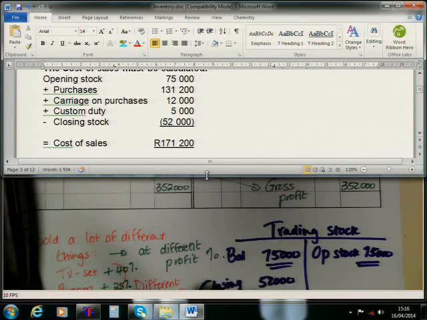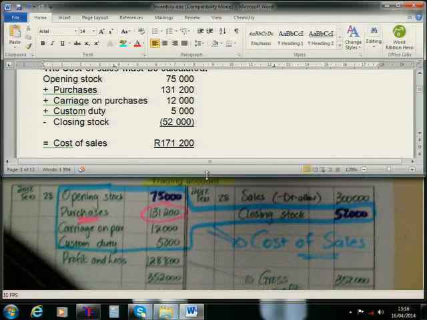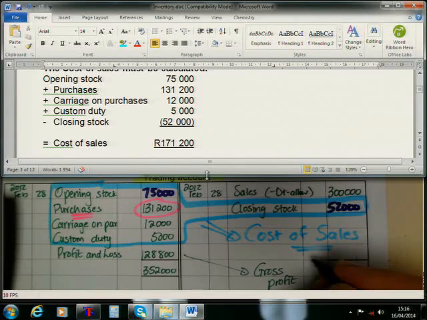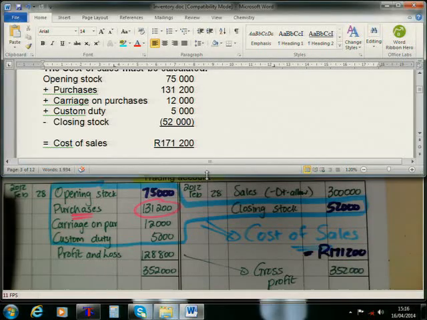It's the 75,000 plus the 131,200, plus the 12,000 of carriage, plus the 5,000 of custom duties, minus the closing stock of 52,000, and that gives you 171,200. So the cost of sales in this case was 171,200, and we calculated it ourselves.